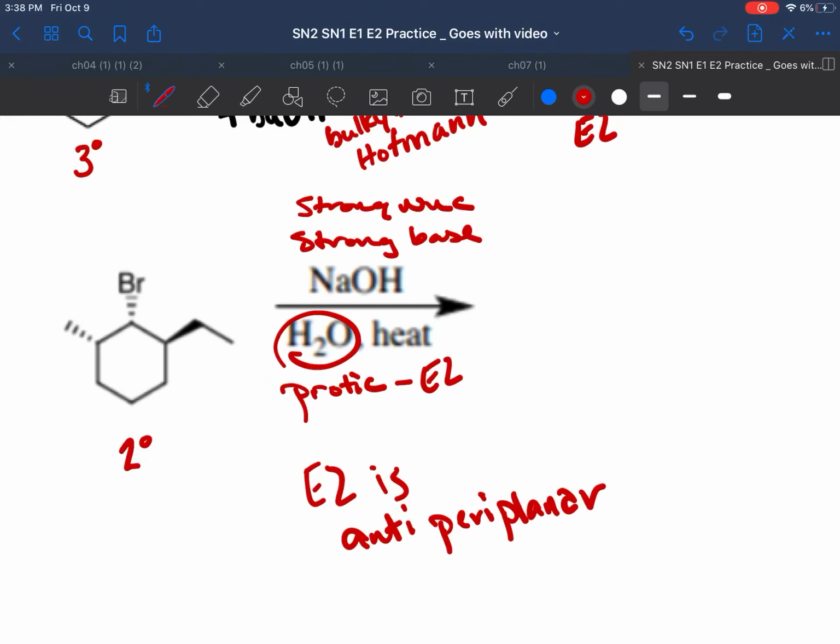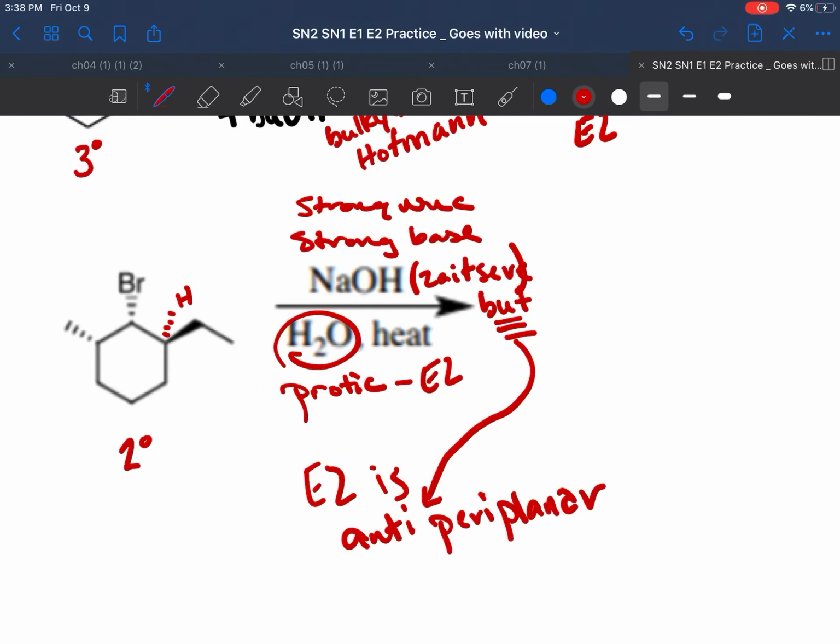Now, often with a hydroxide E2, we would get Zaitsev. But it needs to be anti. To be anti-periplanar on a ring, your hydrogen needs to be on the opposite side of the ring.